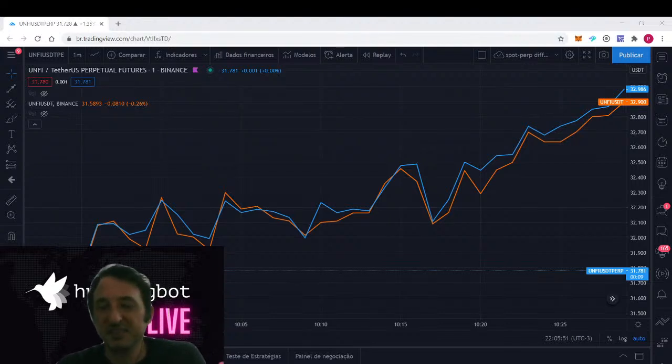So it's basically a cash and carry. But it isn't exactly a cash and carry because it is on perpetual markets, and the time frame where convergence and divergence happens is usually way shorter than a futures market with a longer expiration date.